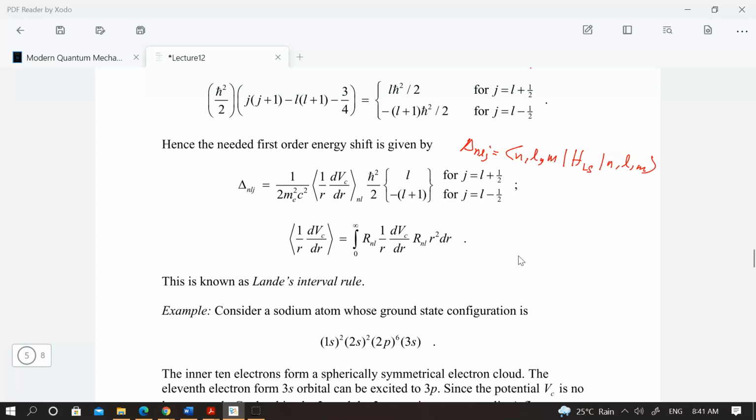So include all those results that we have, and you get these two possible values for the energy shift.